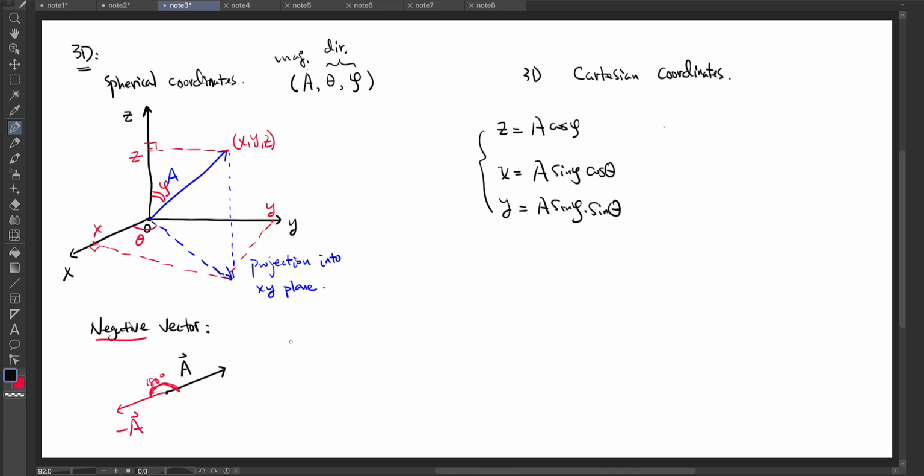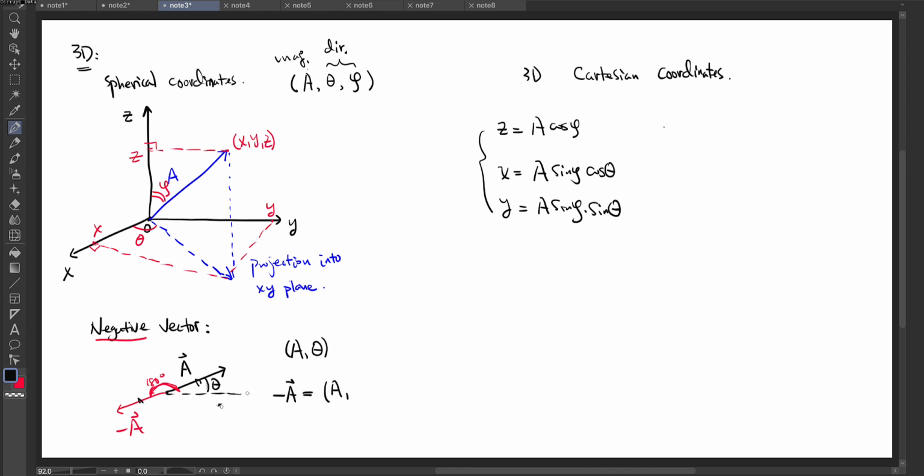Now in terms of the representation, we know previously A and theta represent the vector A. Now if I want to represent negative A, since it still has the same magnitude, I can still say A, but now the angle we need to be careful about.